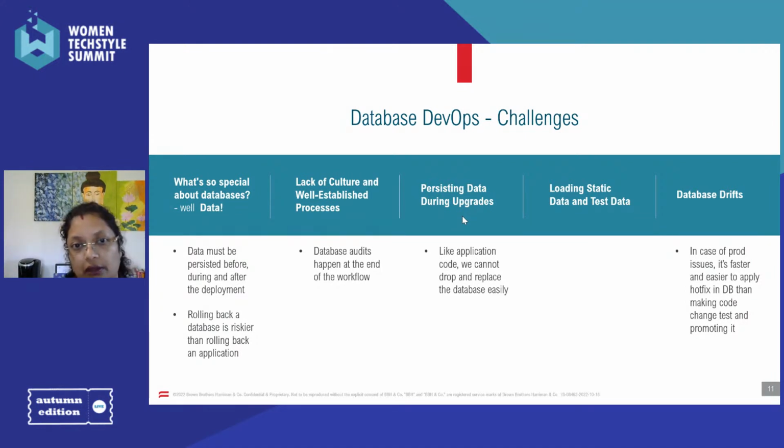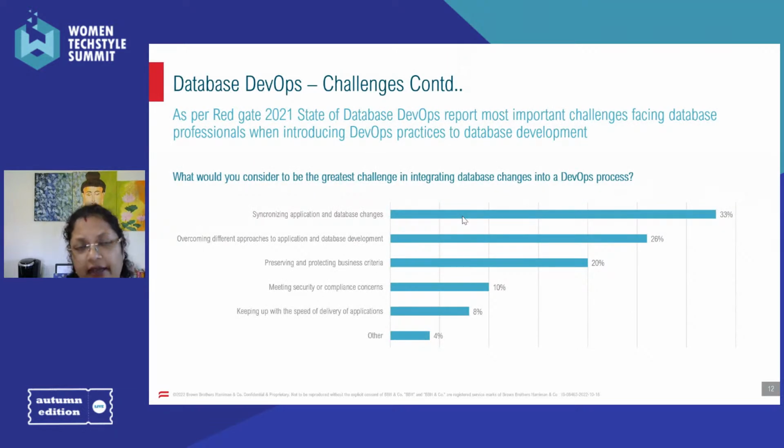We understood, and just to extend it further or emphasize the challenges with database DevOps further, I put in this slide wherein Redgate conducted a survey on the state of database DevOps in 2021 by asking this question to database professionals: what would you consider to be the greatest challenge in integrating database changes into a DevOps process?